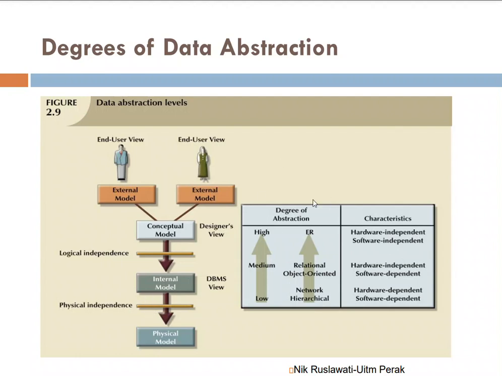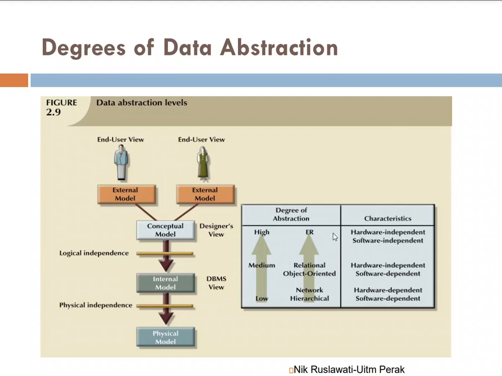So you can see from this table the degree of abstraction and its characteristics. Okay, so high abstraction refers to hardware independent and software independent. When the degree of abstraction is medium, hardware independent, software dependent.